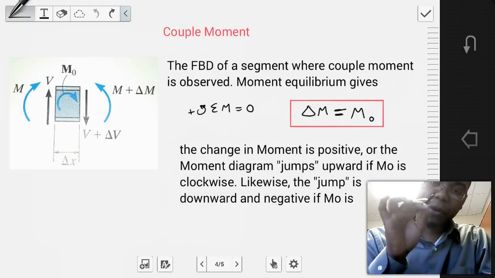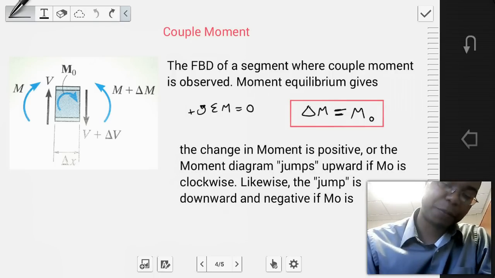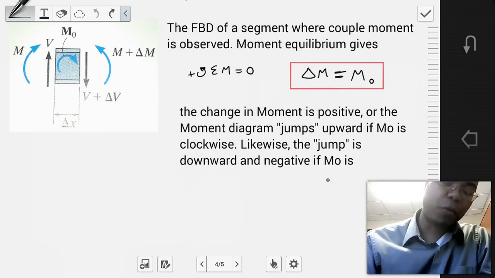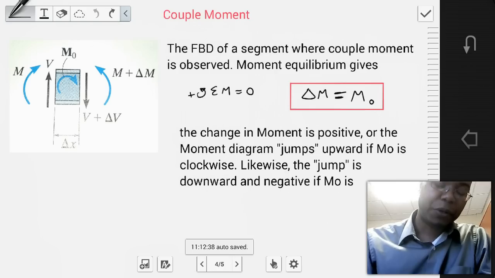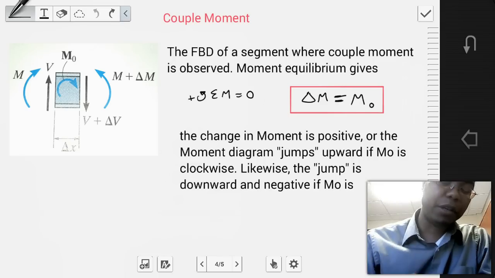Remember that the sense when we're doing our shear and moment diagrams is based on clockwise for the moment being positive. Likewise, the jump is downward and negative if the moment is counterclockwise. So it's important for us to remember the concave upward, concave downward influences of these shear and moment diagrams.